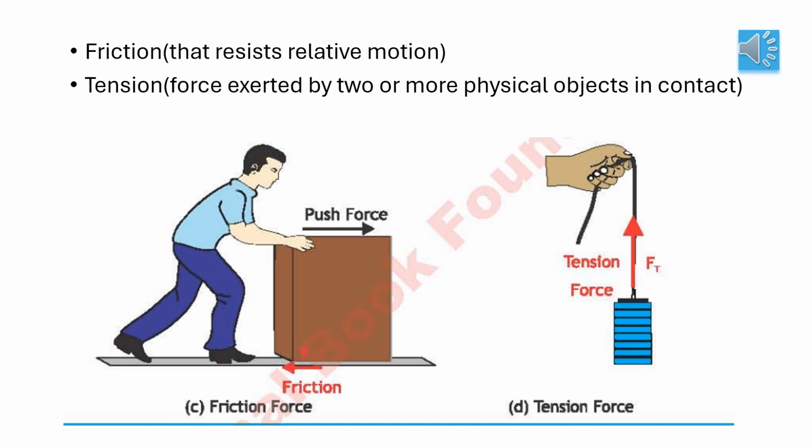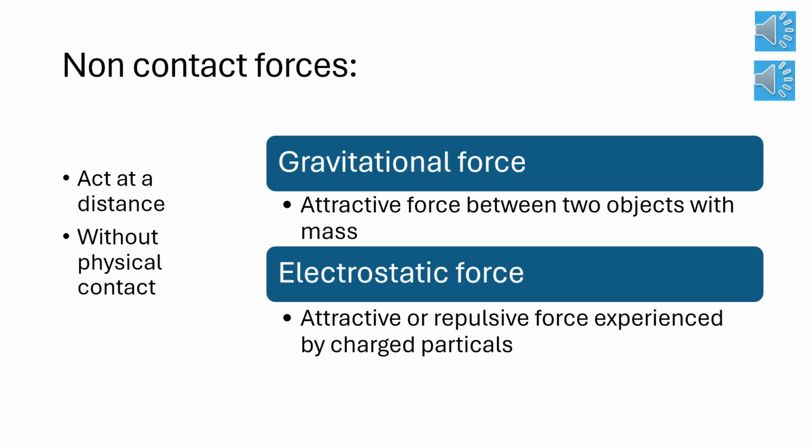So now weight is acting downward, and according to Newton's law, there is a reaction force also, which is in upward direction, and that force is the force of tension that is induced in the string. In figure D, there is a tension force in upward direction, and there is a subscript T. So these two forces are also examples of contact forces.